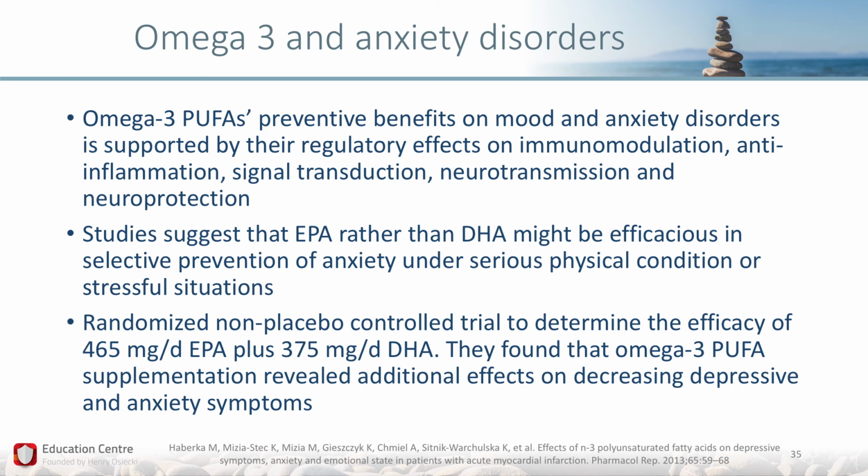Just a quick few things on omega-3. There are a lot of preventative benefits on anxiety disorders due to the impact on the immune system, on inflammation, on transduction, neurotransmission, and neuroprotection. All the nerve cells that manufacture and transmit your neurotransmitters require omega-3.